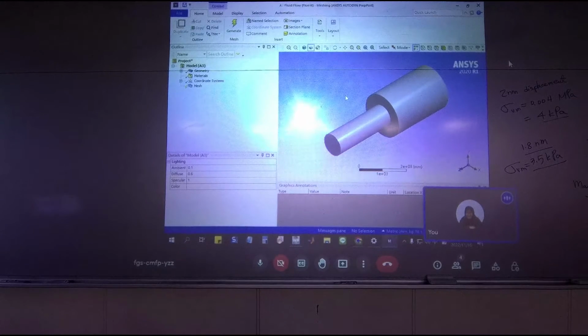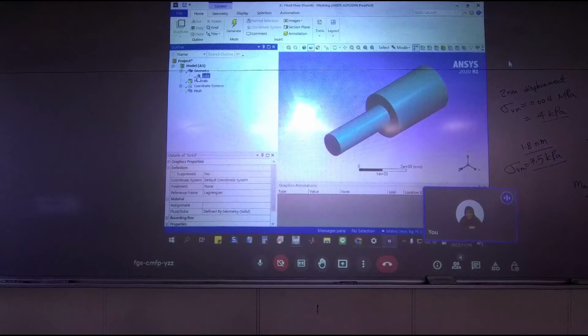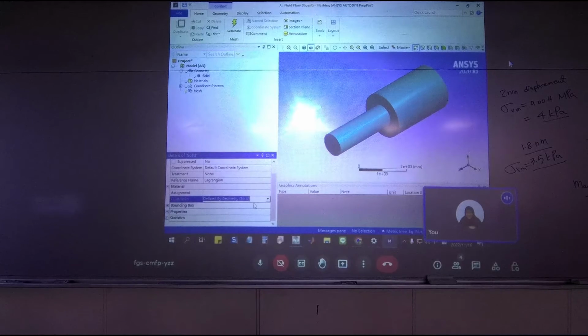But let's see what is the material. 这种材料, or is it? Is it air? Let's see. We did not define it yet. Okay, so change to fluid. Change to fluid. Yes, so now this whole thing becomes fluid.